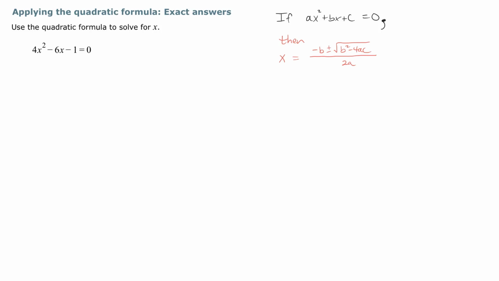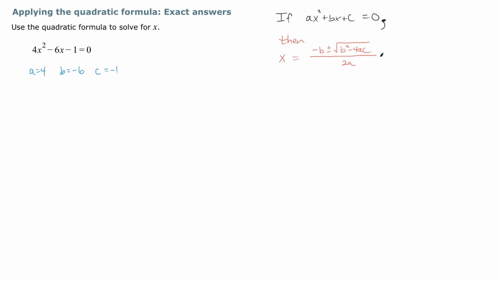Notice we do have the first part of that if-then statement. We do have ax squared plus bx plus c. Why don't we label everything? A is 4, b is equal to negative 6, and c is equal to negative 1.